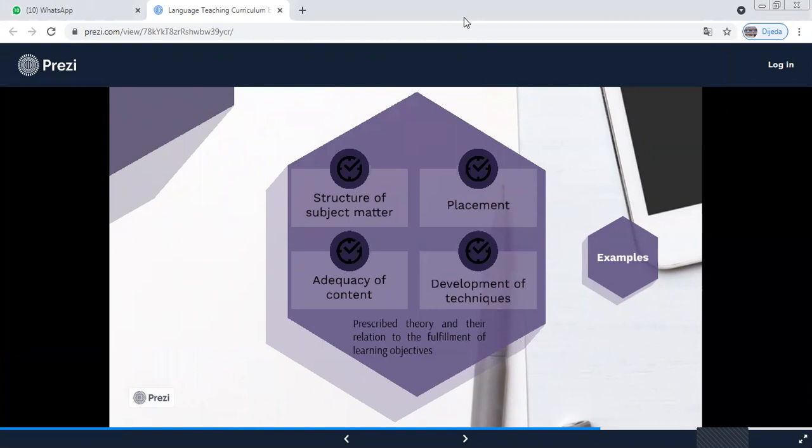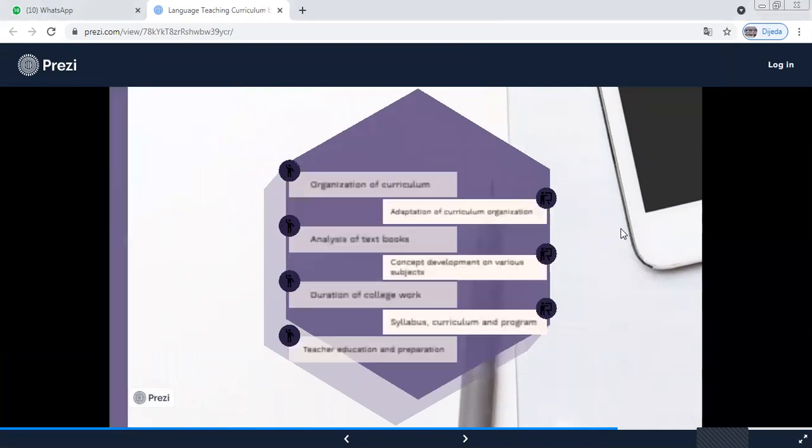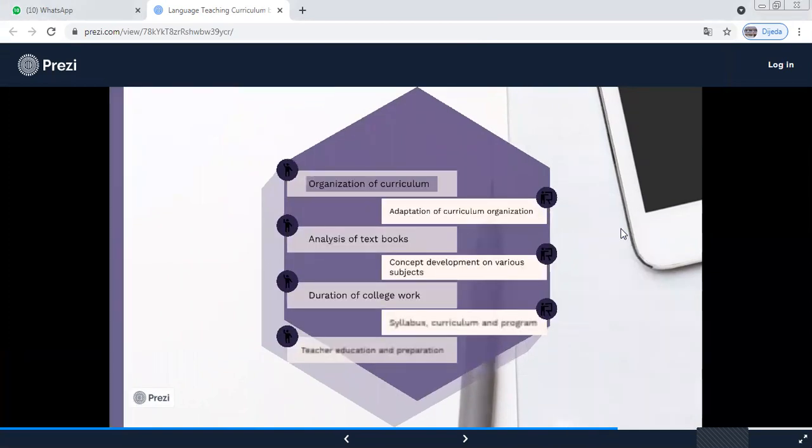The examples of research areas involve organization of curriculum, adaptation of curriculum organization, analysis of the books, concept development on various subjects, duration of college work, syllabus, curriculum and program, and the teacher education and preparation.